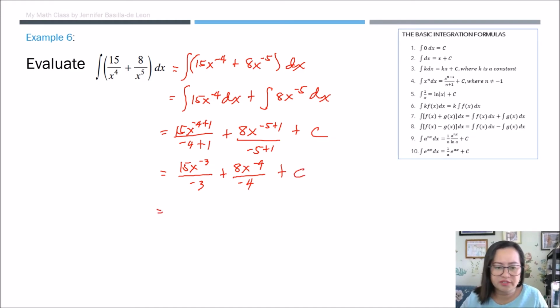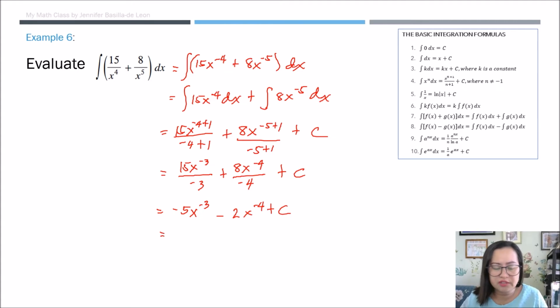Now we divide the numerator and the denominator by negative 3. We will have negative 5x raised to negative 3. And then the second term, we shall divide the denominator and the numerator by negative 4. So we will have negative 2x raised to negative 4 plus c.